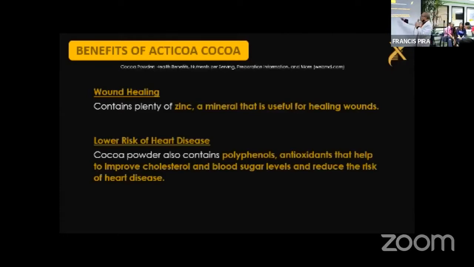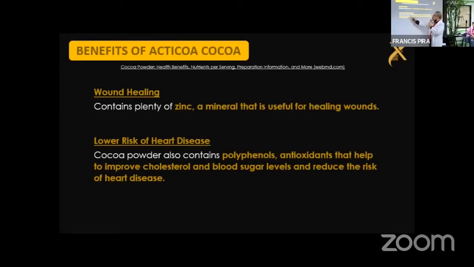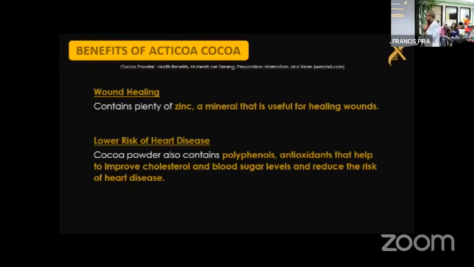Okay, lower the risk of heart disease. It contains polyphenols, antioxidants that will prevent the cholesterol from depositing into the wall of the blood vessel, and regulate the blood sugar level and reduce the risk of heart disease. So in short, a flavonol will prevent the occurrence of cardiovascular diseases. Next, please.